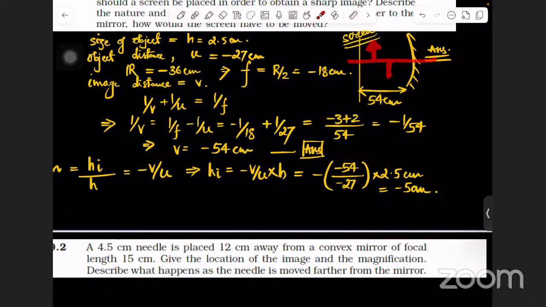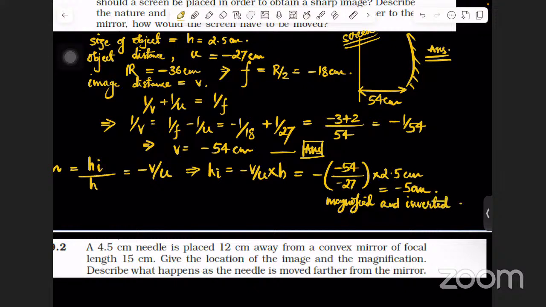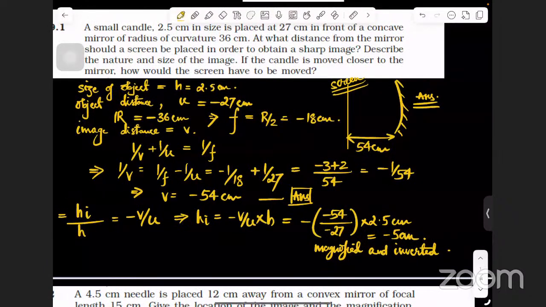So if the image comes out to be negative, it means it is inverted, right? So the image is magnified and inverted. All right. So that's the nature of the image.